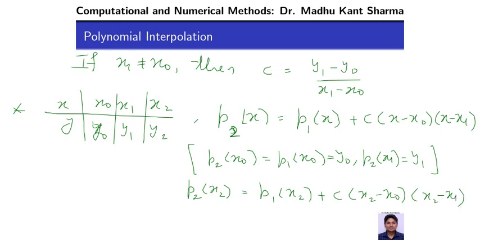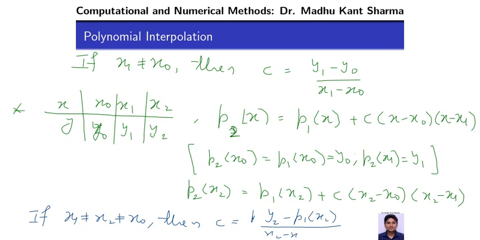This equation is solvable for c only if x0, x1, x2 are all distinct. Then c is equal to y2 minus P1 of x2, divided by x2 minus x0 times x2 minus x1.